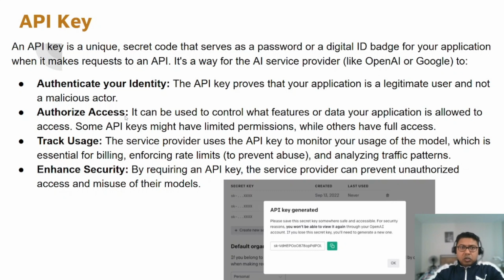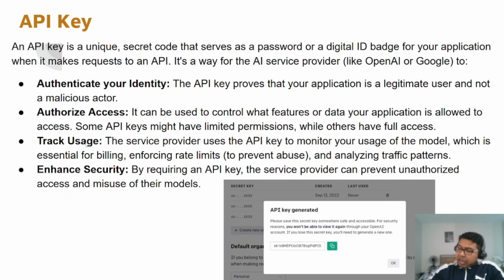It will also authorize access. Say there are 5 features of that API, and we are not enabled for all of them. We only enable, say, 3 out of 5 features. So that API key also decides that okay, those 2 features are not for us. We cannot access them. We can only access 3 features. Then usage tracking.